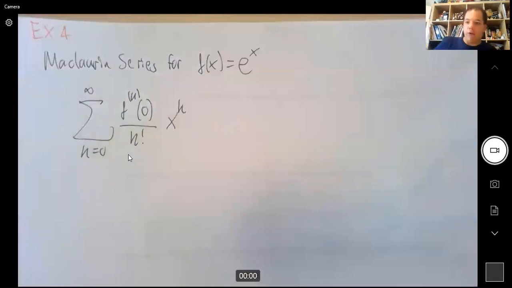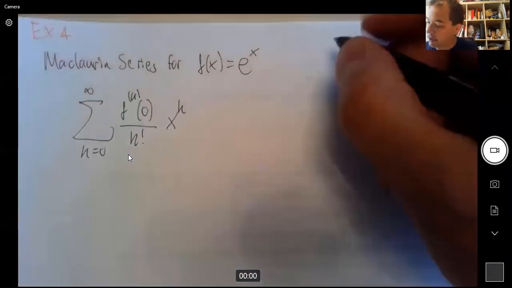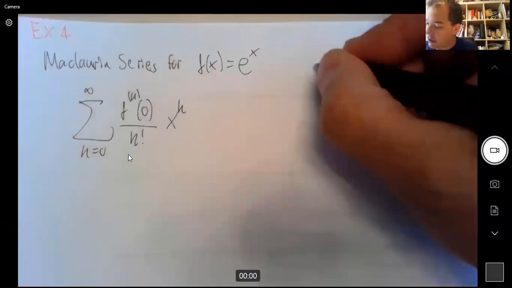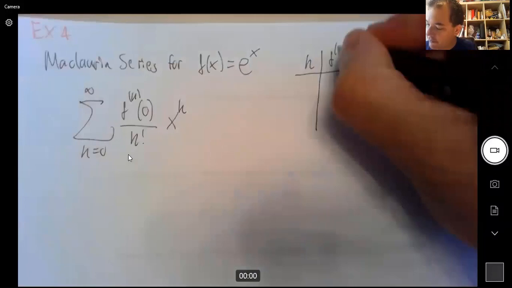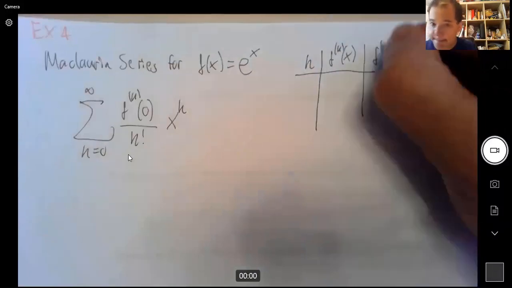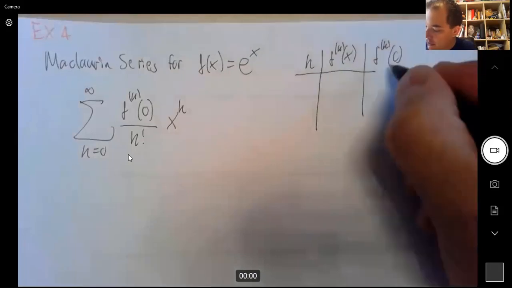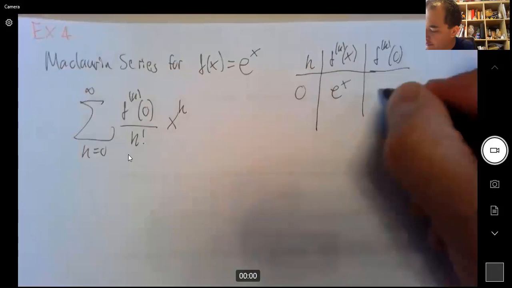All right, so it's real easy, right? Because what's going to happen here? Let's do our little table. So here's k, here's the k-th derivative, and here's when we plug in 0. So we start with the original function, that's e to the x, and when we plug in 0, we get 1, right?